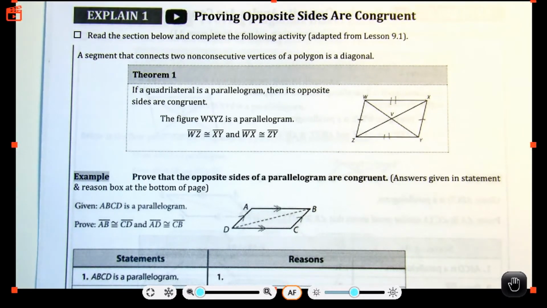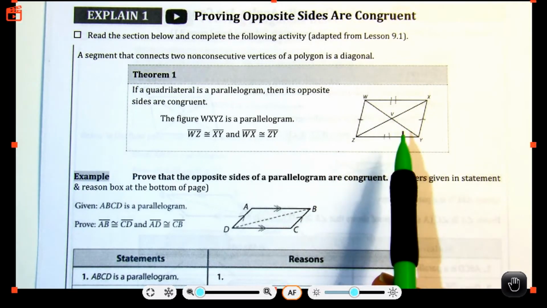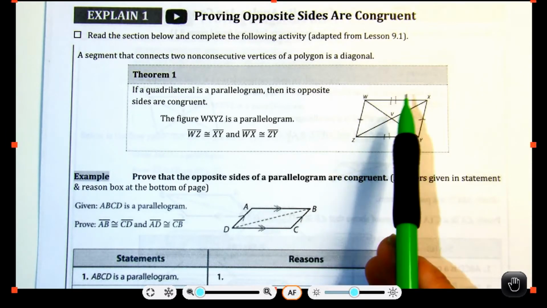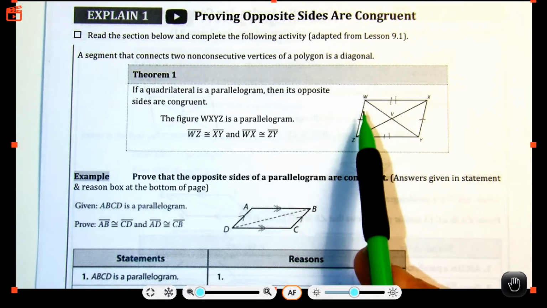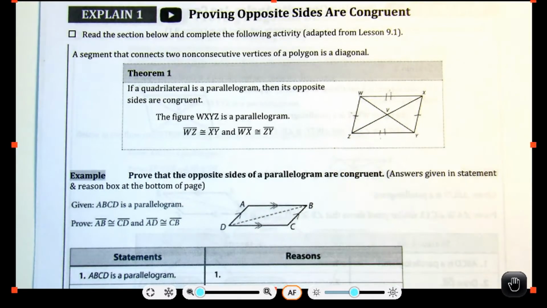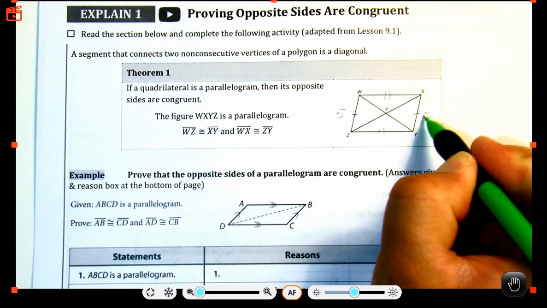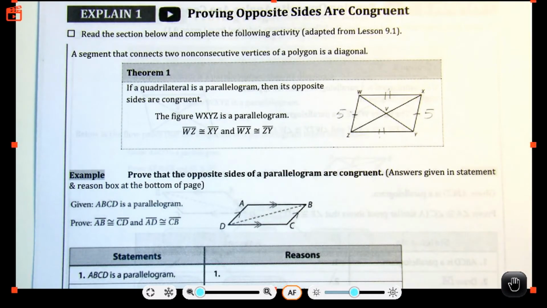Okay. We're going to be using these theorems as we go on when we're trying to solve problems. But let's, again, just focus on opposite sides are congruent to each other. So if this side was 5, then this side is 5. If this side is 12, then this side is 12.